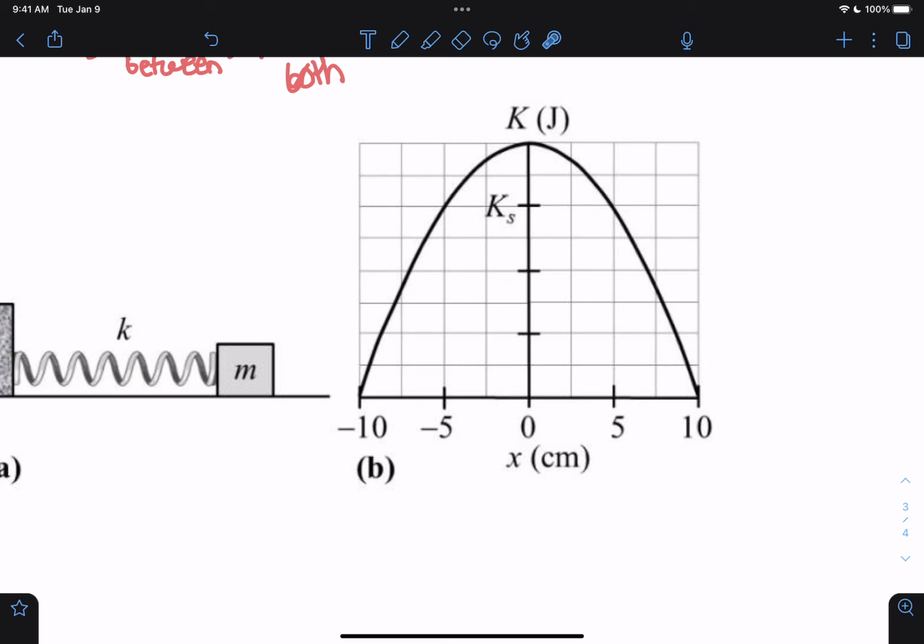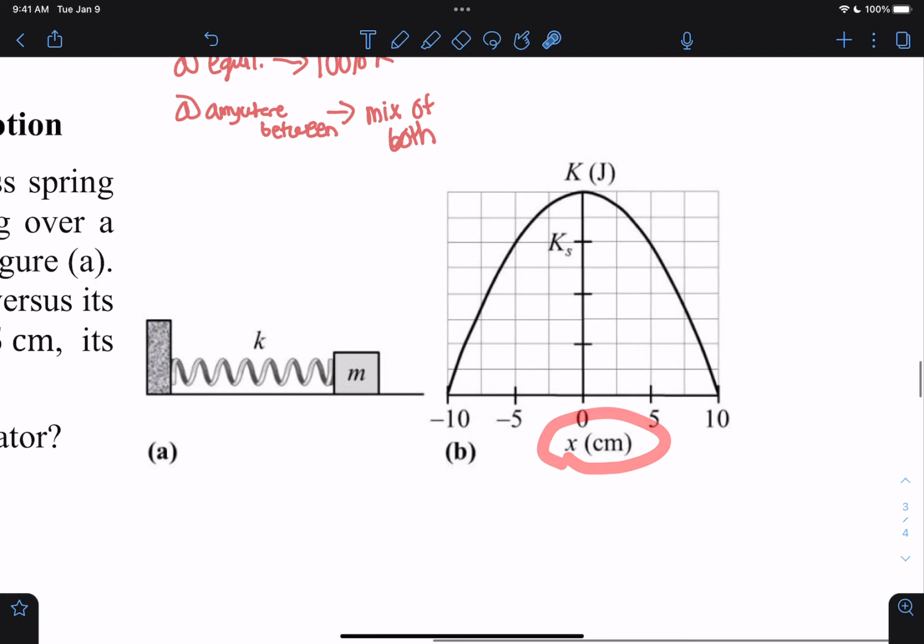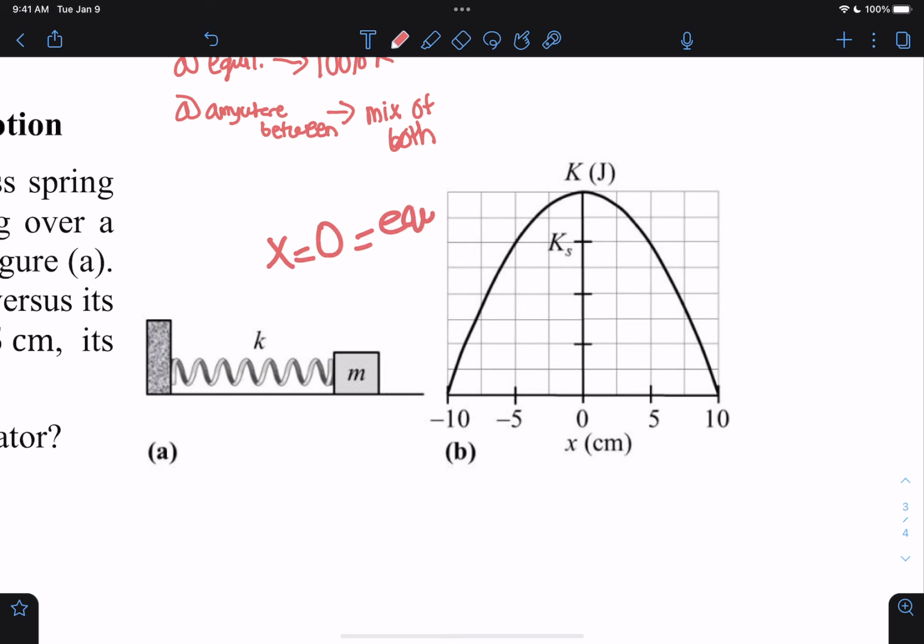If I'm not stretching at all, what would this be? Exactly, equilibrium position. So at x equals 0, that's your equilibrium position.